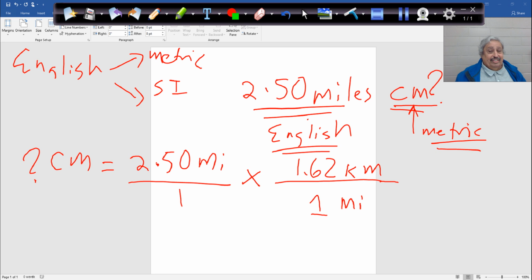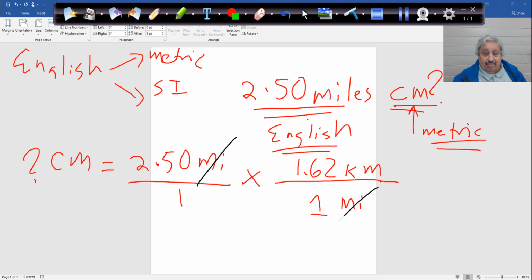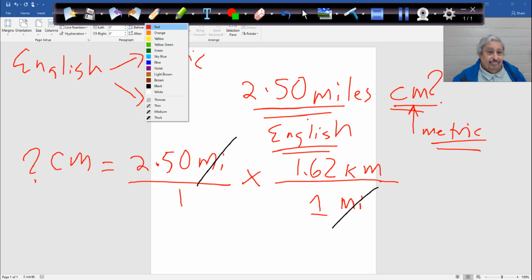Now I transfer this into the SI system because I'm using the kilometer, which is the basic unit of length for the SI system. With this, I have gotten rid of the miles. Now I have the problem with the kilometer.